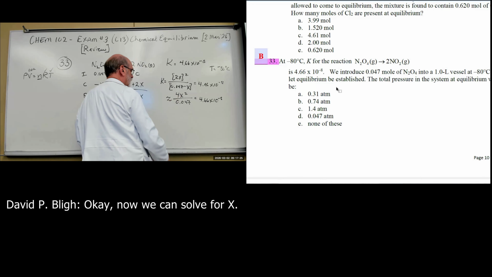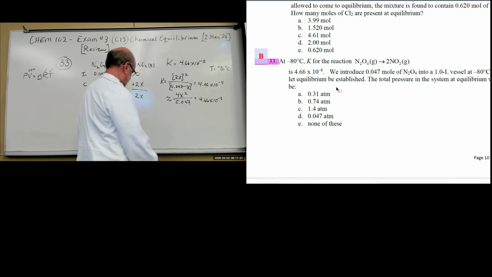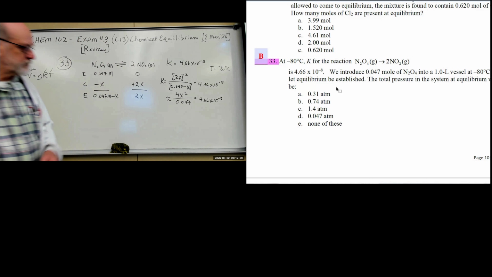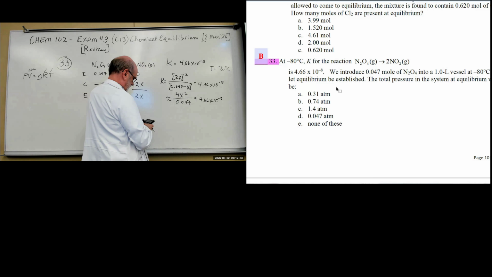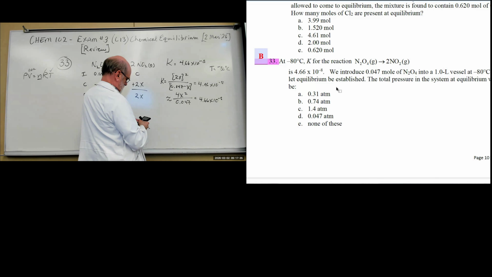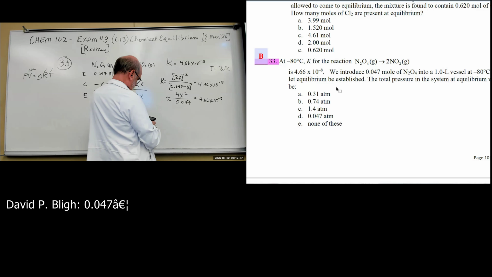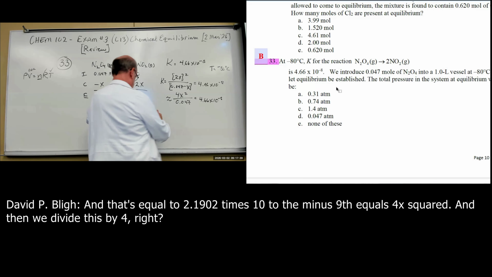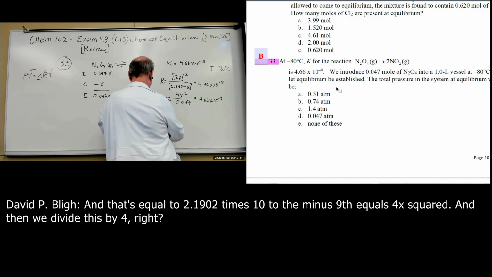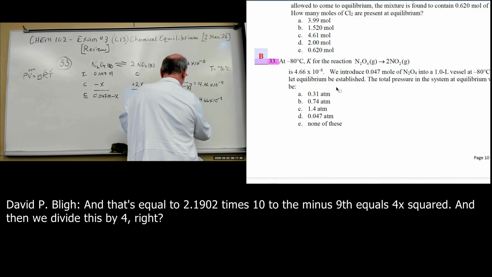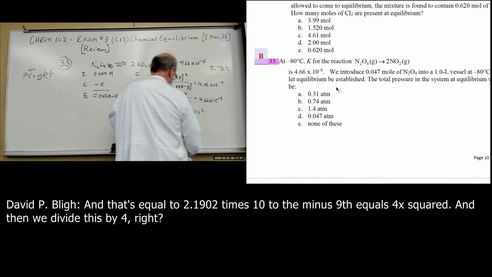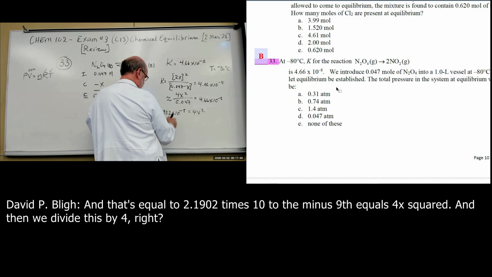Okay. Now we can solve for x. We just need to multiply this times that 0.047, and that's equal to 2.1902 times 10 to the minus 9 equals 4x squared. And then we divide this by 4, right?